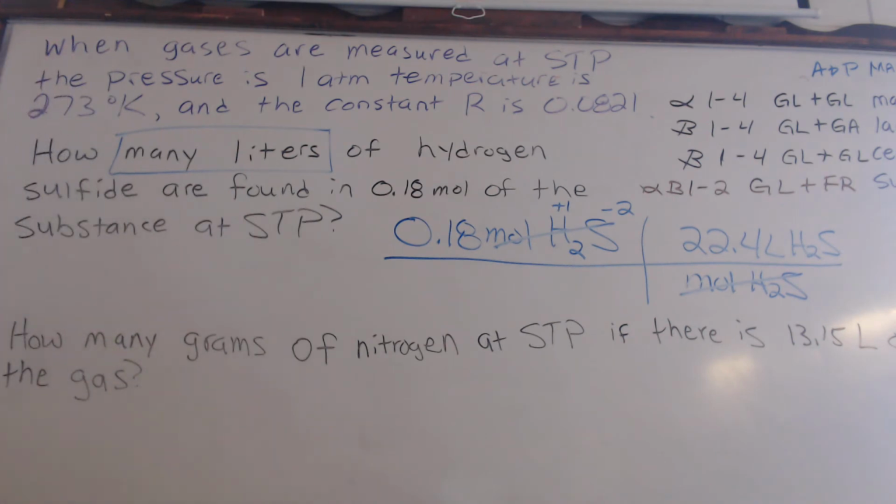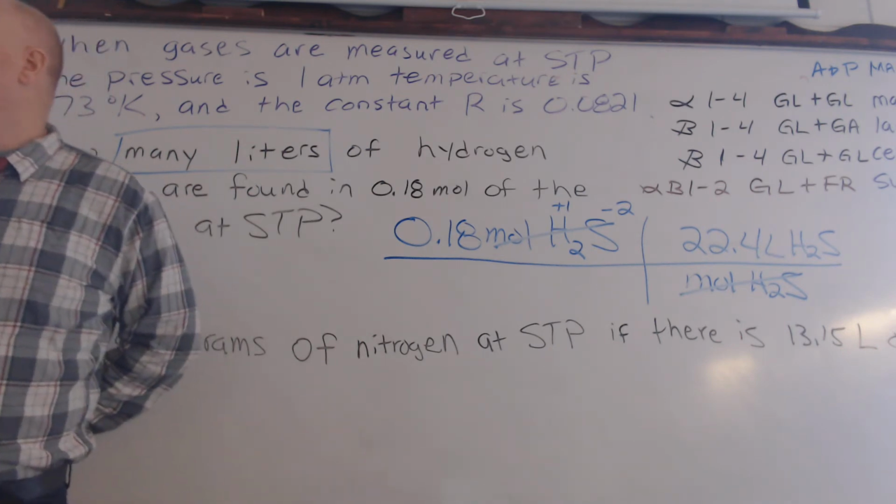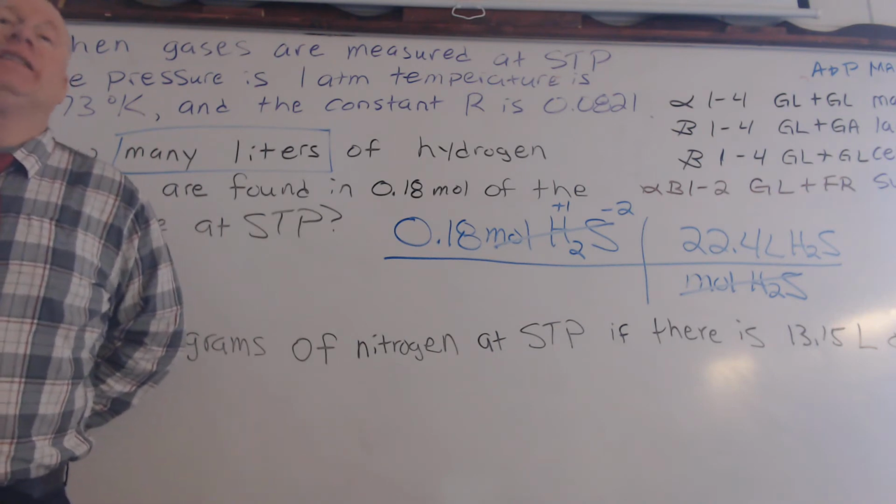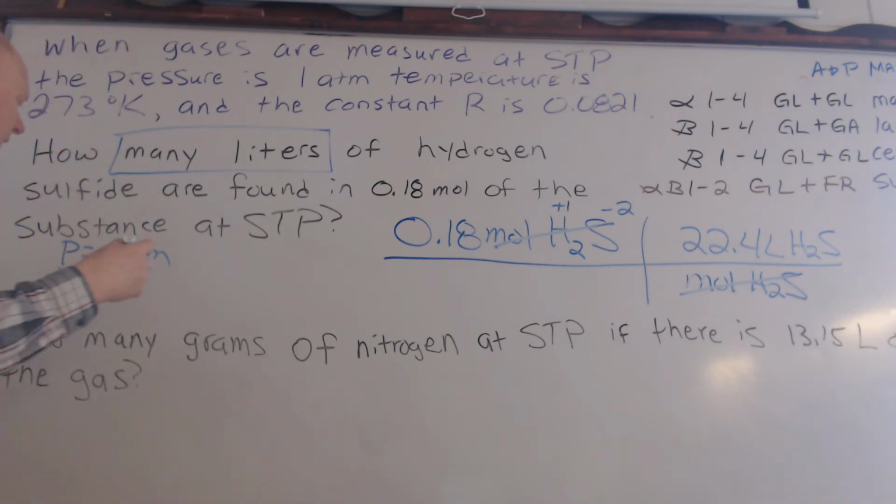N is the number of moles. So in other words, if you wanted to use the ideal gas law, pressure equals 1 atmosphere, volume, your question mark, okay? What you might say, well, we know what the volume is, it's 22.4 liters. No, that's just a conversion factor. That is not your unknown. Okay?